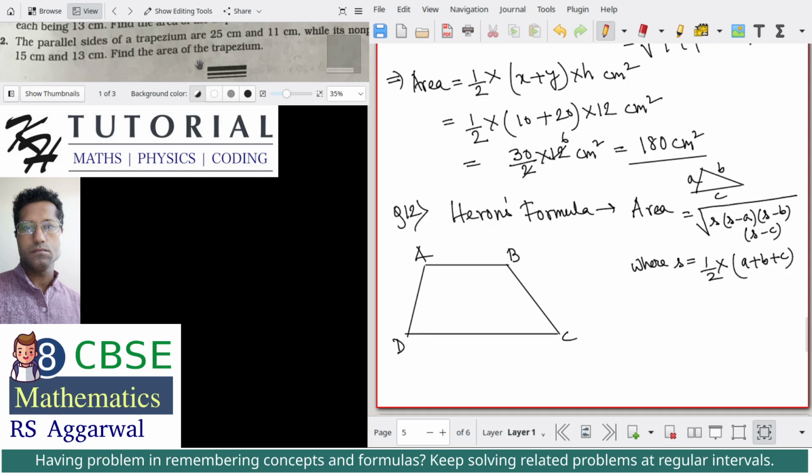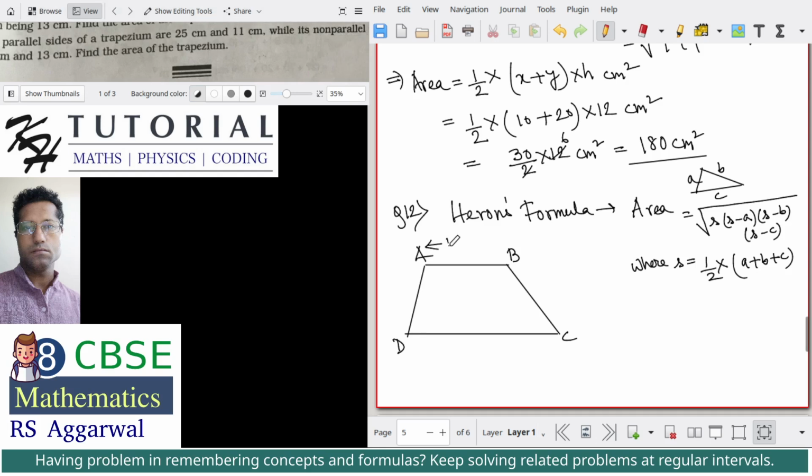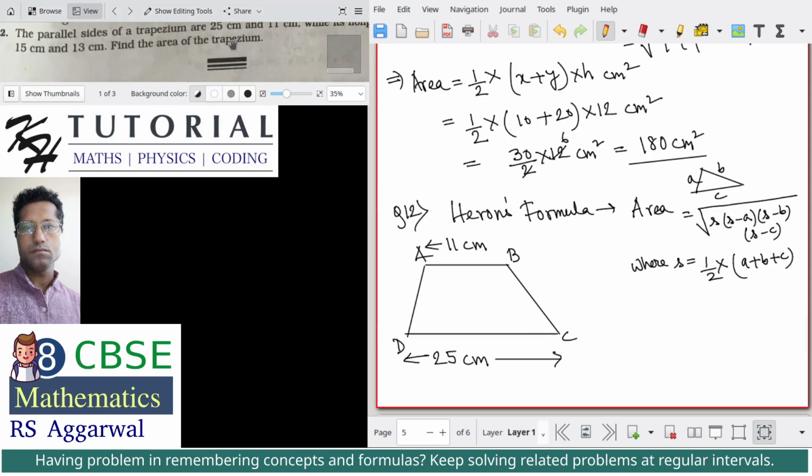The parallel sides are given as 25 centimeter and 11 centimeter. So this is 11 centimeter, this is 25 centimeter, and the length of the non-parallel sides are 15 centimeter and 13 centimeter. So let's say this is 13 centimeter and this is 15 centimeter.